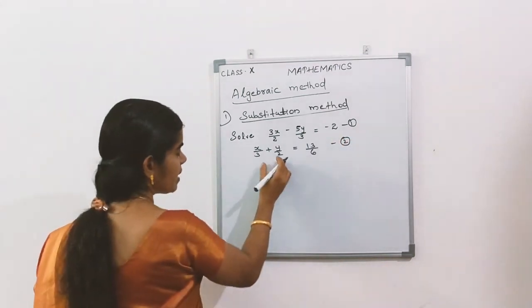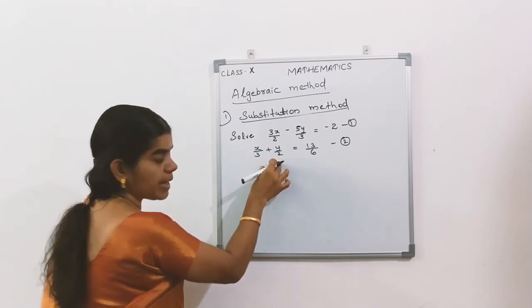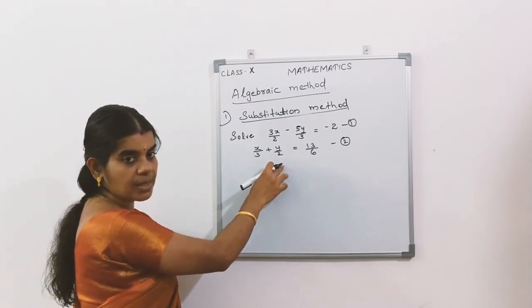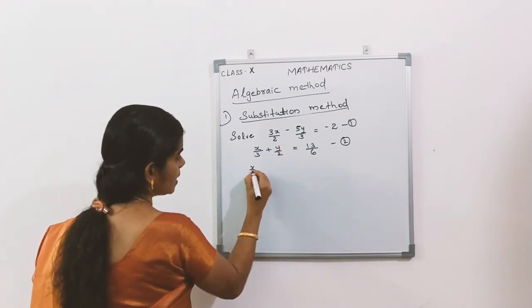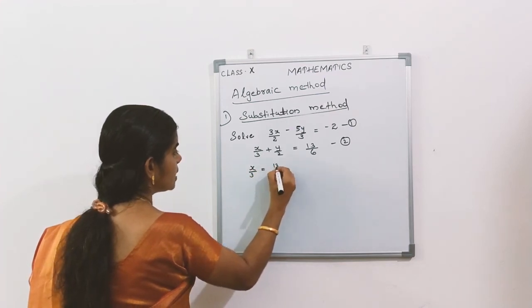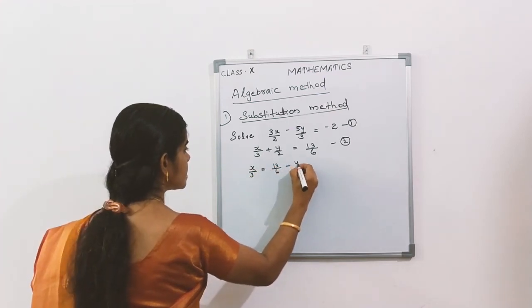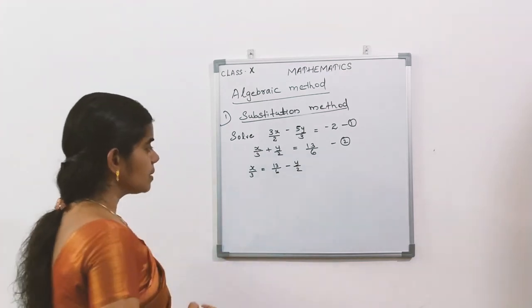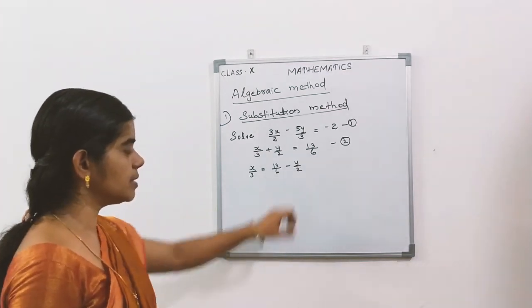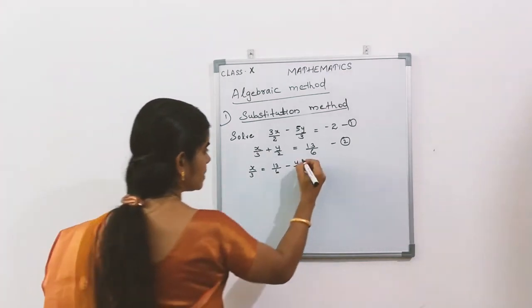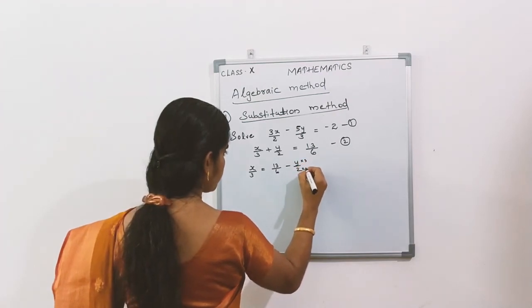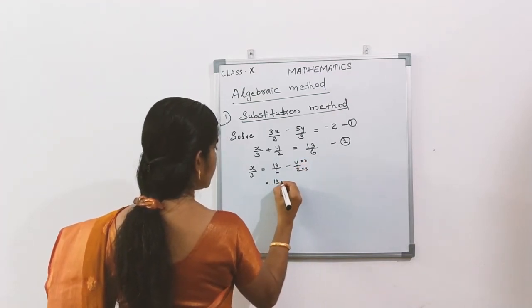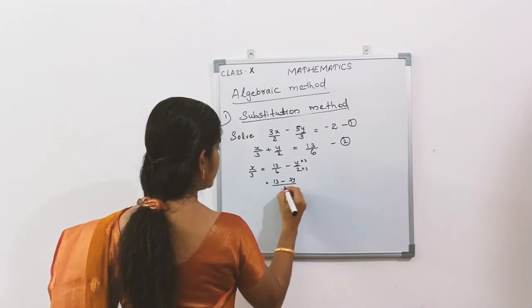Next I am using x by 3. This equation 2 I am using to write x in terms of y. x by 3 is equal to 13 by 6 minus y by 2. Here the LCM is 6, and here we can multiply with 3. Then that will be (13 minus 3y) by 6.